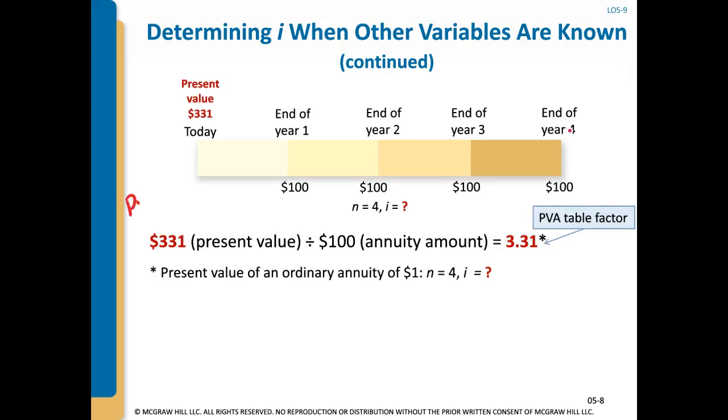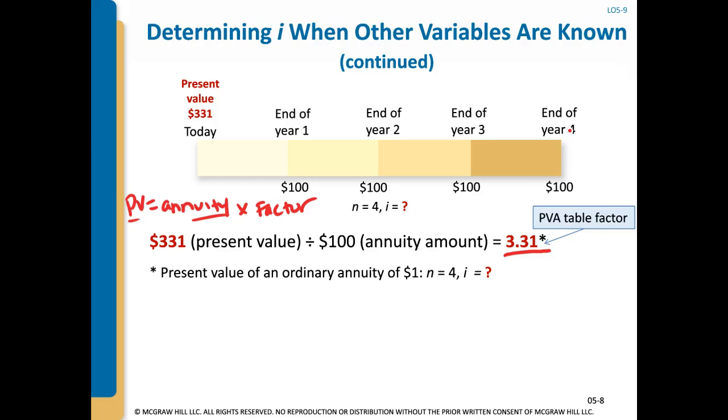Because I know that my present value equals my annuity amount times my factor, and I have my present value amount and my annuity amount, I can take 331 divided by 100, because if I divide both sides by 100, my factor is 3.31.